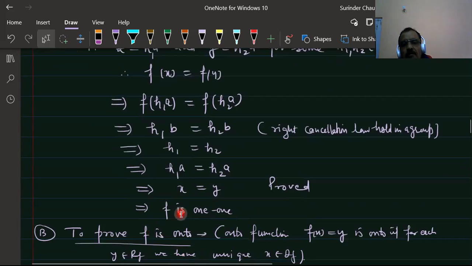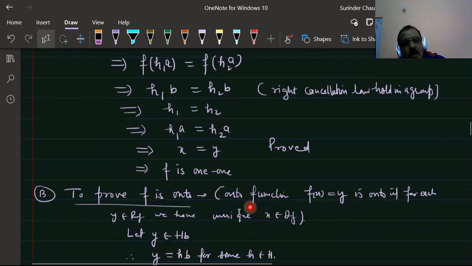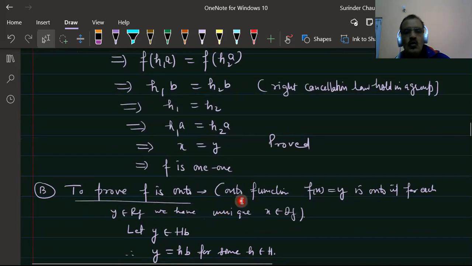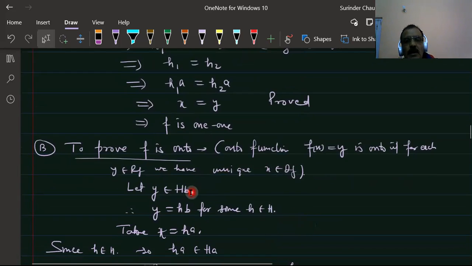So the mapping f from one right coset to the other right coset is 1-1. Now to prove f is onto: f is onto if for each y belonging to the range, we have an x belonging to Ha. Let y belong to Hb.